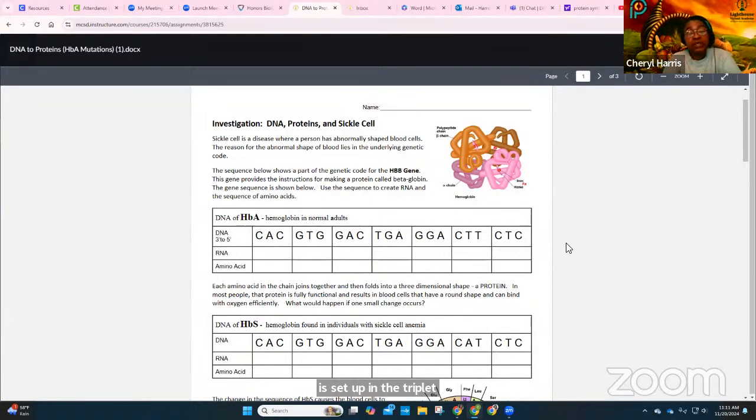This first row is set up in the triplet codes for making this. This is the DNA, and the DNA is telling the messenger RNA what to do. In that first row, we have C, A, C, and we want the complementary strand for the RNA.